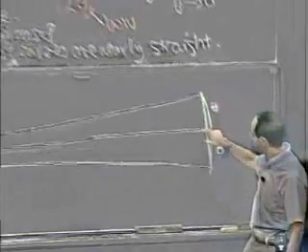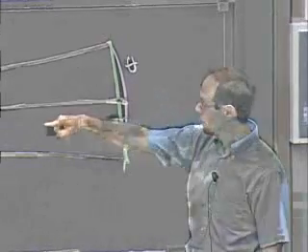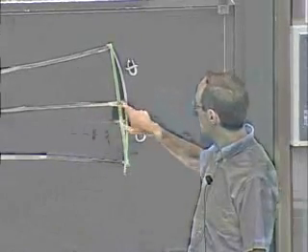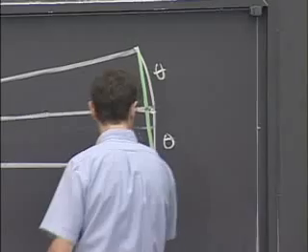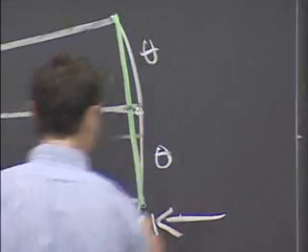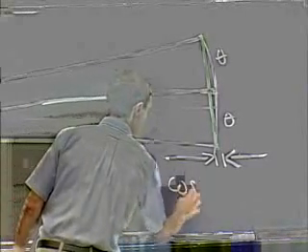Because this is theta, so dropping down the perpendicular, this distance back to the origin is cosine theta. So this little tiny segment here, which is basically the gap between the curve and the vertical segment, is equal to 1 minus cosine theta.